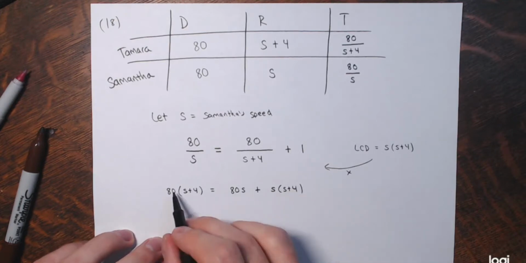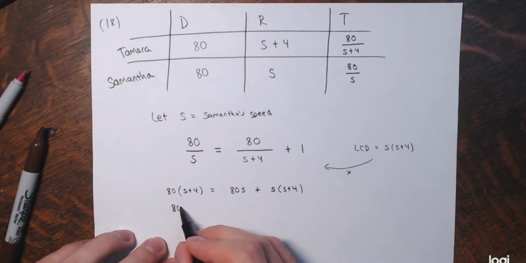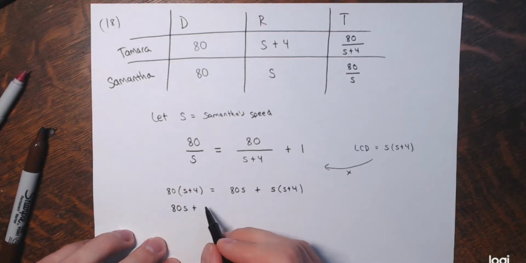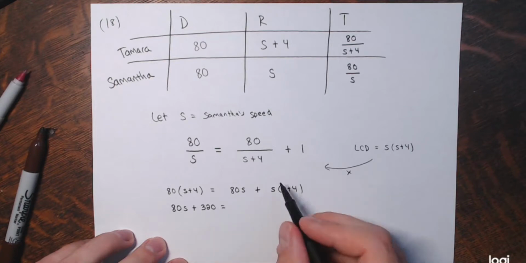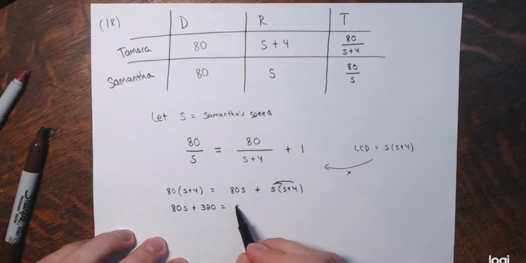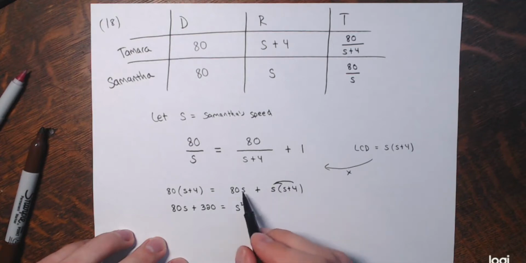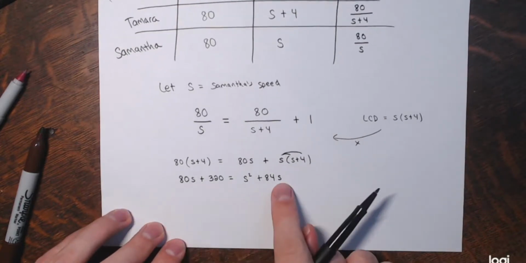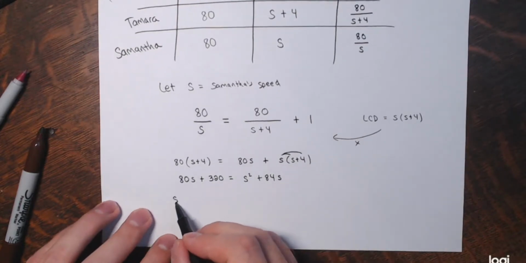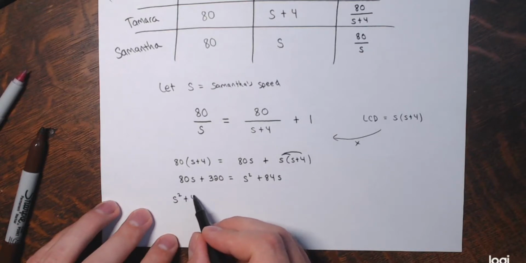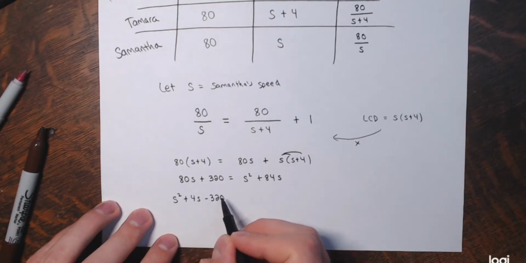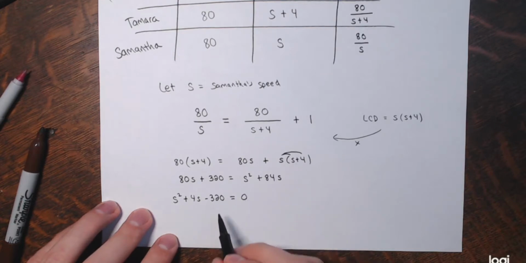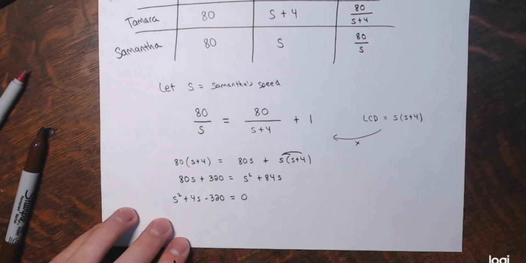So on the left we have 80S plus 320 equals, over here, S squared plus 4S plus 80S. Then I would take away the 80S and take away the 320. We have S squared plus 4S minus 320 equals 0.